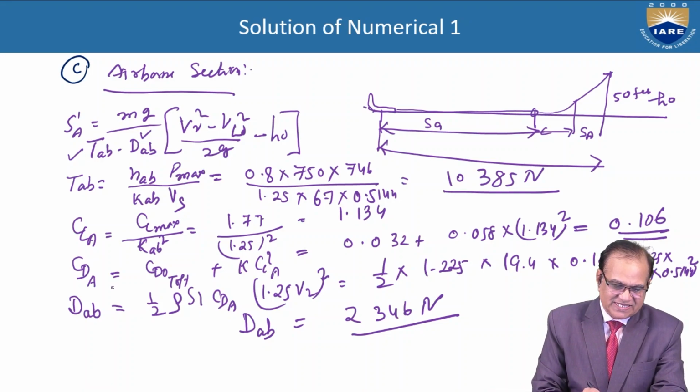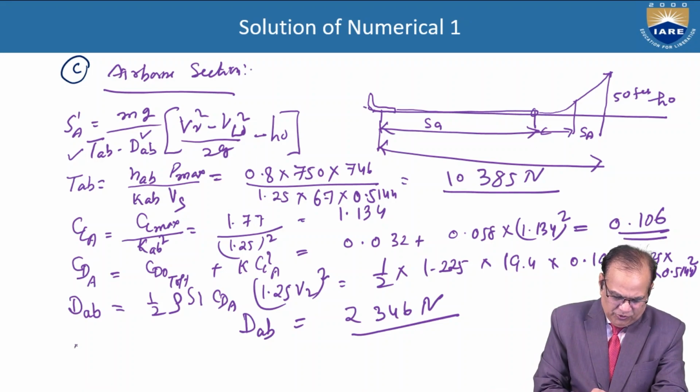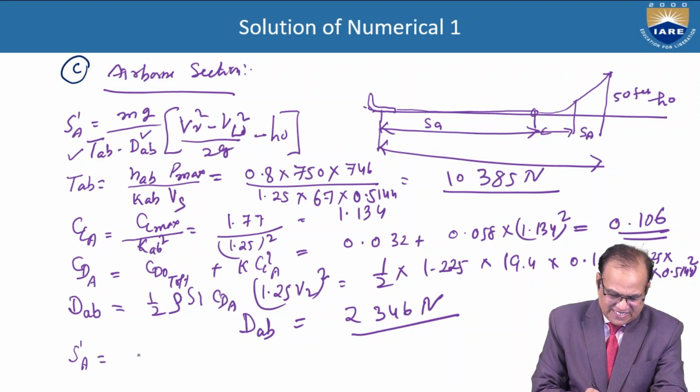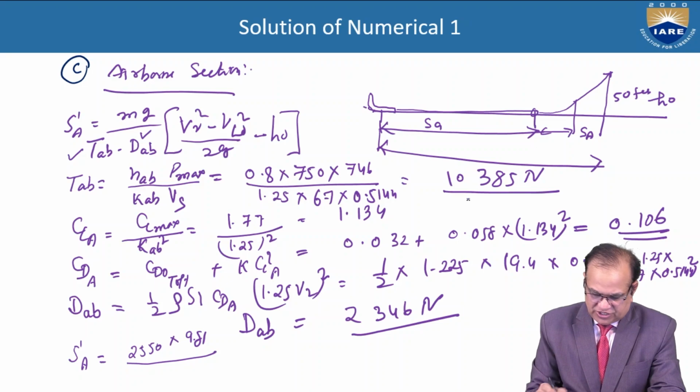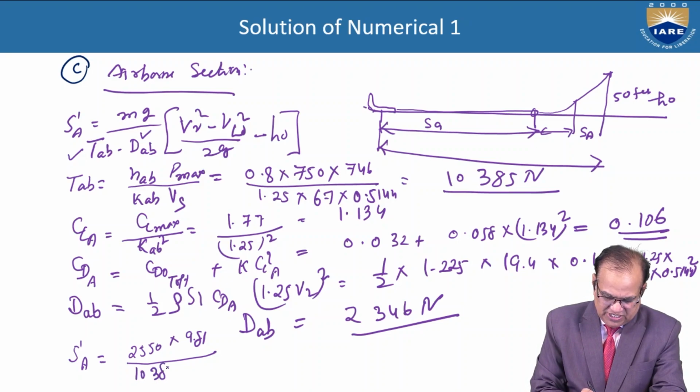So here SA, if I put all the values, we will get 2550 into 9.81, here mg, divided by TA. TA I have got 10385, then minus 2346. Now I have to make V square.